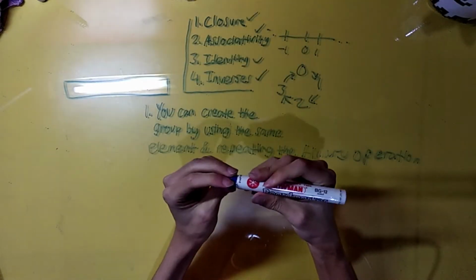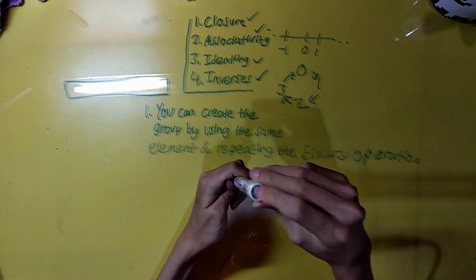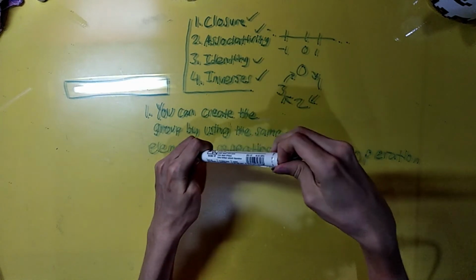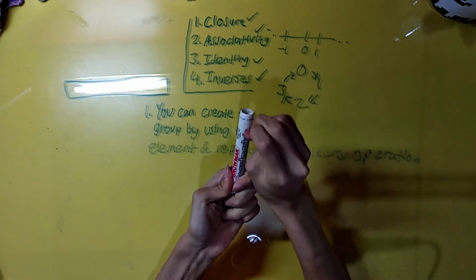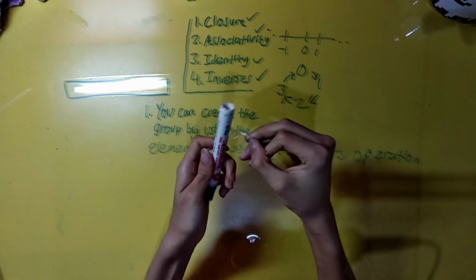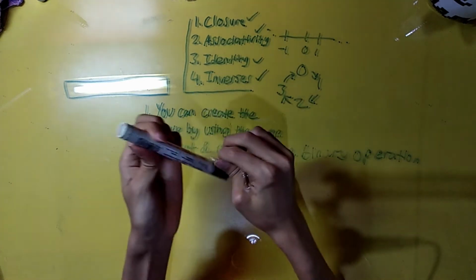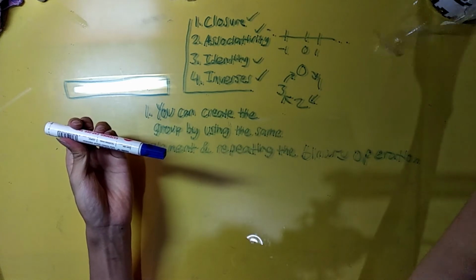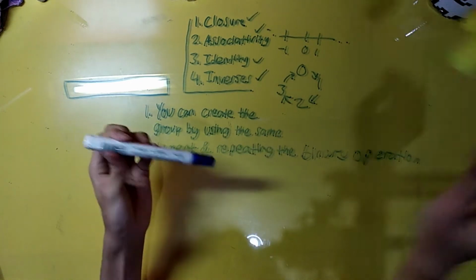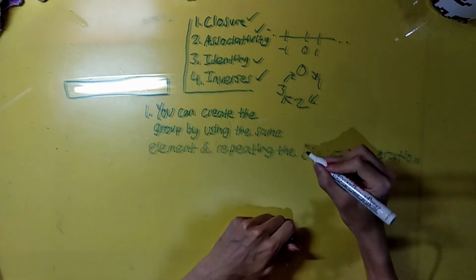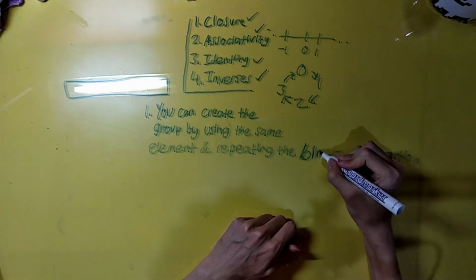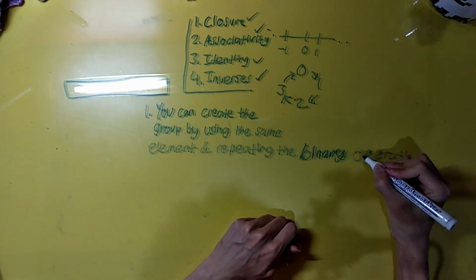Right, new marker. Brand new, it still has plastic all over it. Voila. Let's just put you here. Right, let's just rewrite this because the color is already fading out.